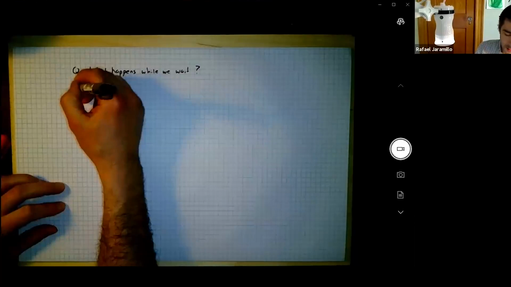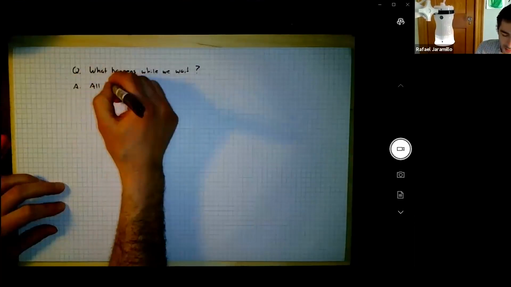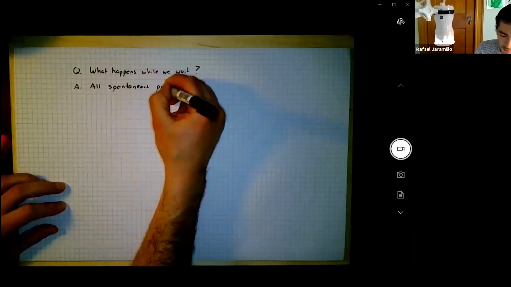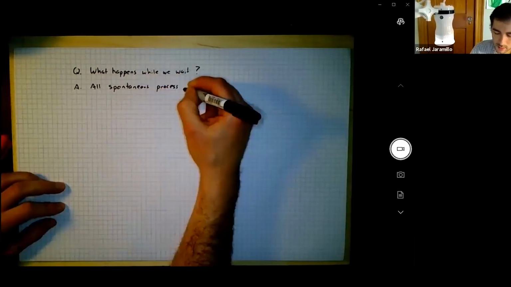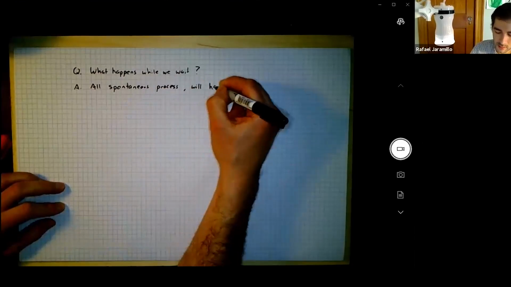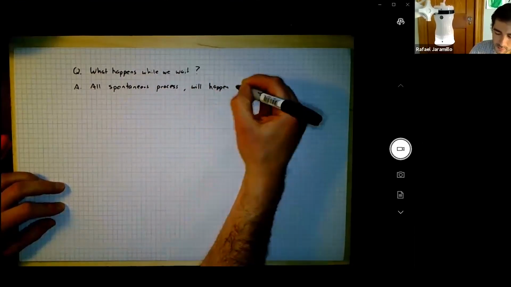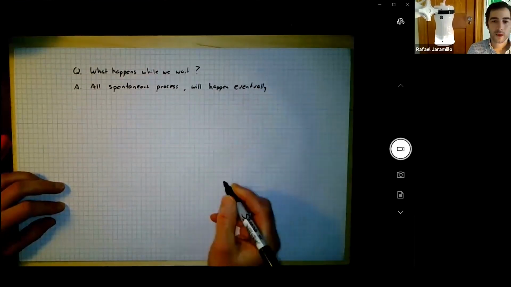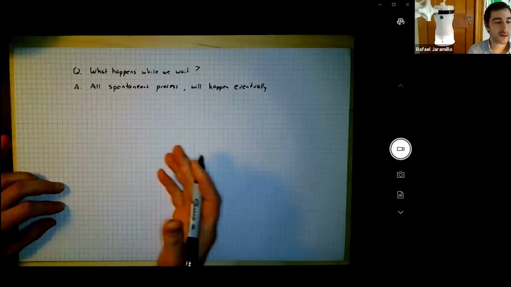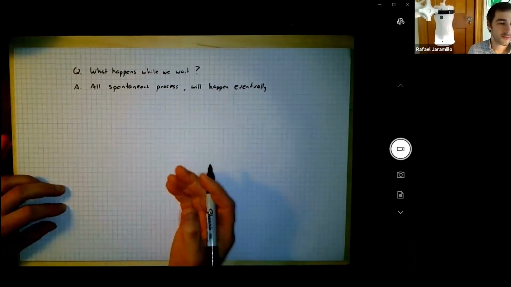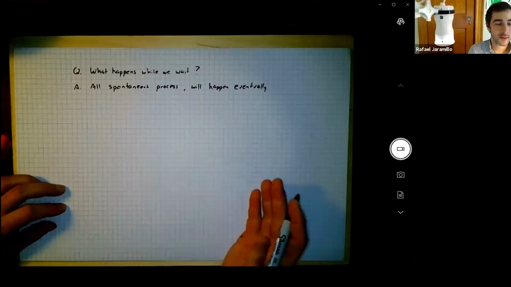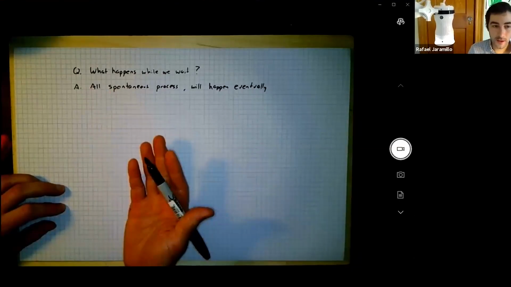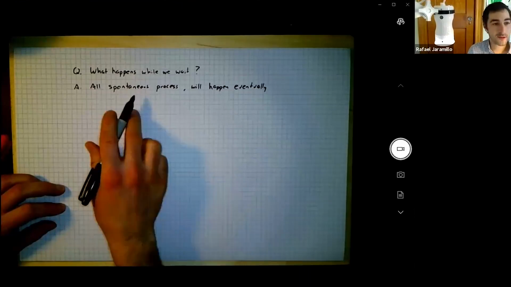Answer. All spontaneous processes. They will happen eventually. So spontaneous means what? Something that will happen on its own. So it will happen while you wait. It's in the meaning of the word. Something spontaneous will happen while you wait. So while you wait, all spontaneous processes will happen.